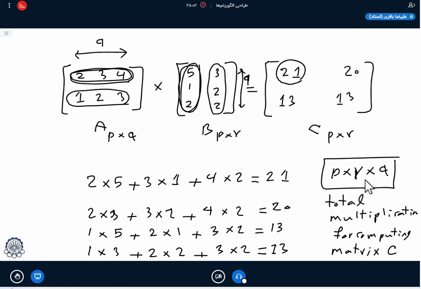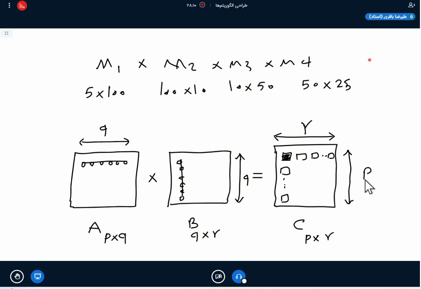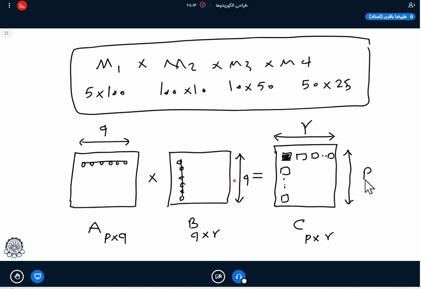Okay. Now let's consider the previous example, I mean this one with four matrices. We can do this multiplication by various parentheses.